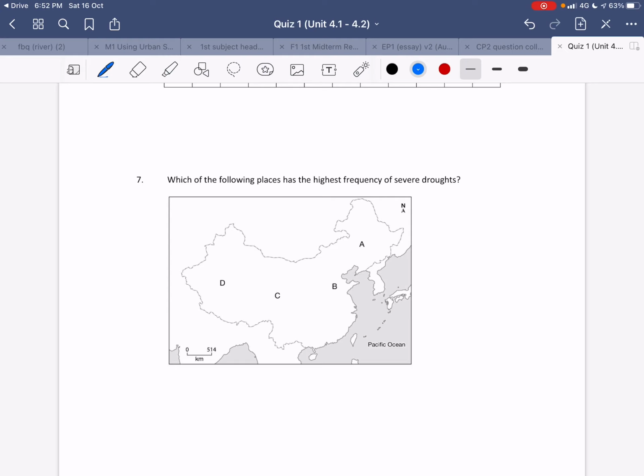It should be A, because this one has the fewest rainfall, and it also has a lot of population, so accordingly it has a lot of drought.